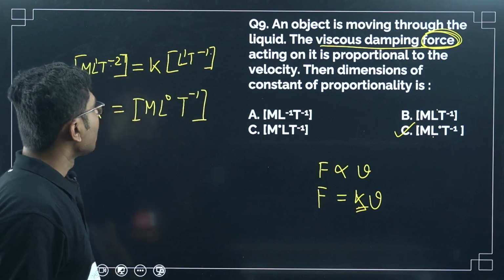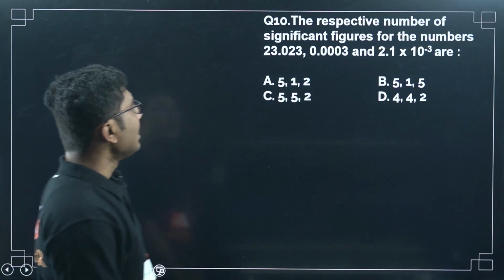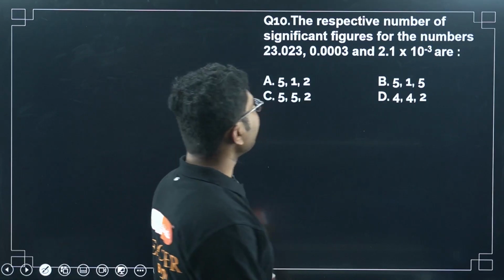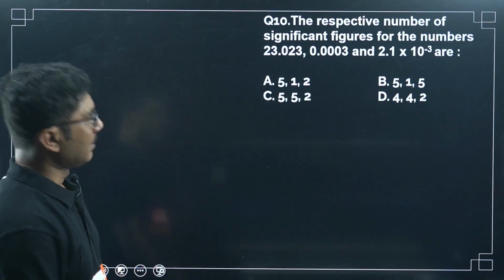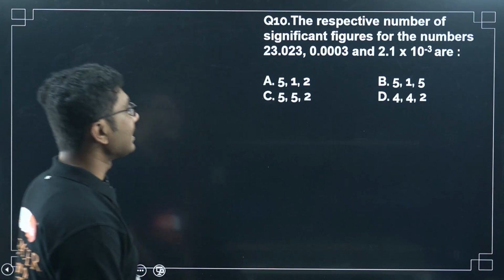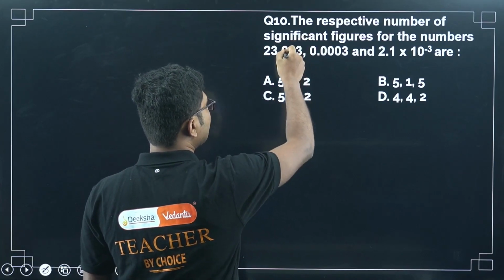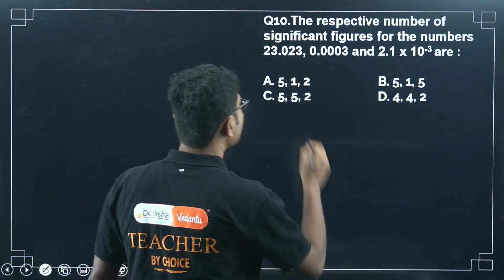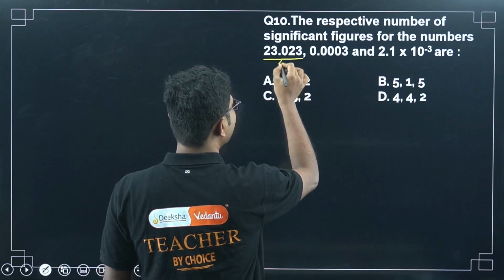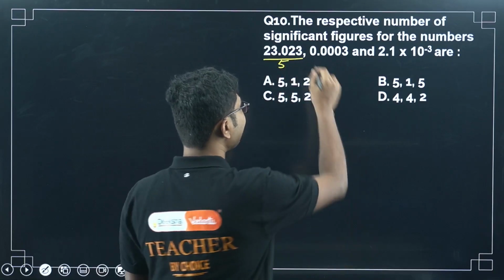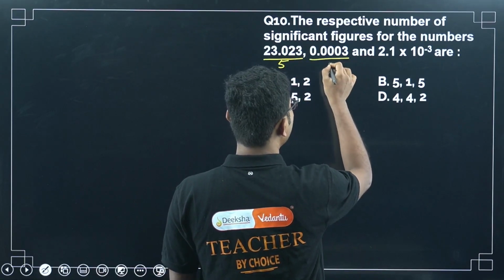Okay, now let's move on. Next question: the respective number of significant figures for the numbers. What are the significant figures for each of these numbers? So 1, 2, 3, 4, 5. This 0 is sandwiched, so it is significant, so this has 5. Now what is the number of significant figures for this? This has 1.